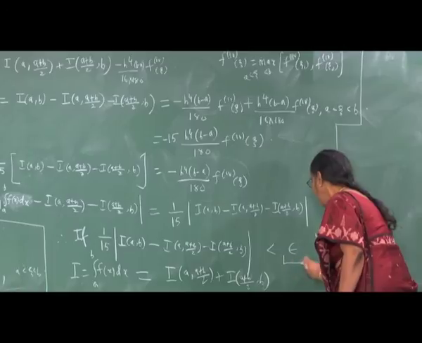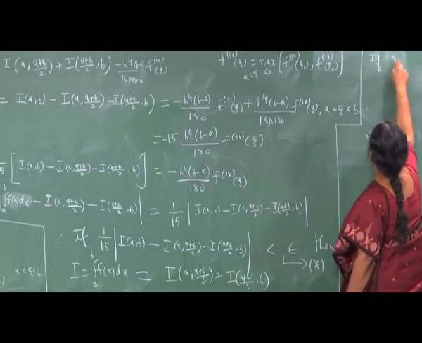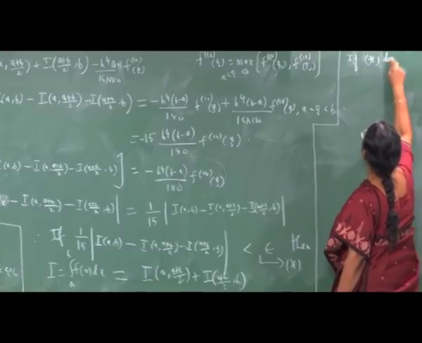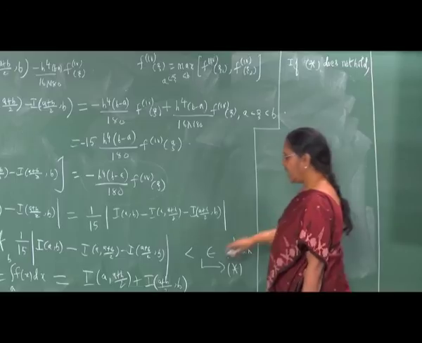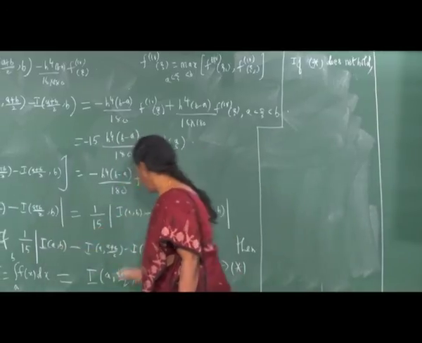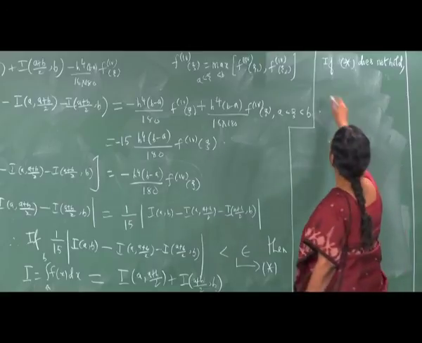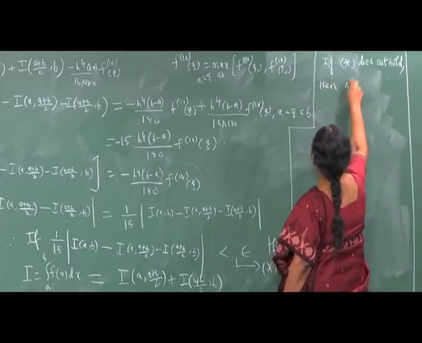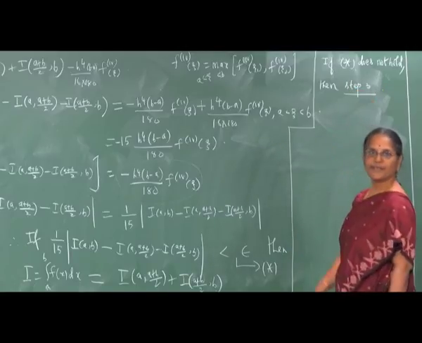Suppose I call this as star. So, if star does not hold, so you observe that in absolute value 1 by 15 of this is not less than epsilon, then what do you do? You perform step 3. What is your step 3?